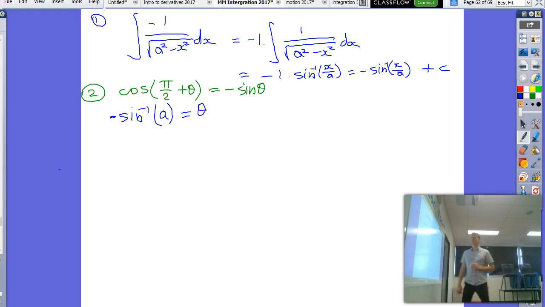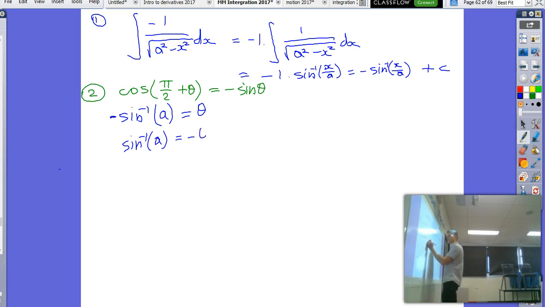That is an angle, okay? So, let's rearrange a little bit. I've got my inverse sine of some number is then negative theta, okay? And then from that, let's rearrange again.